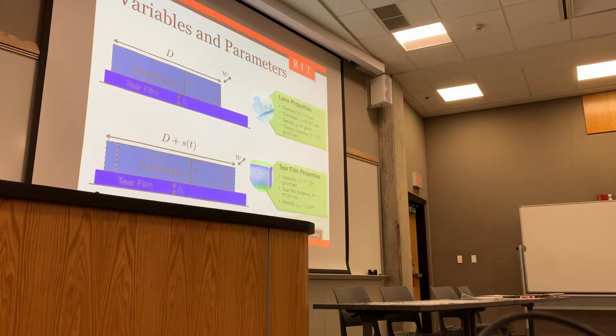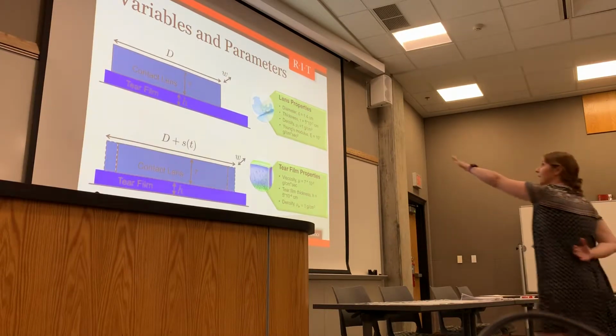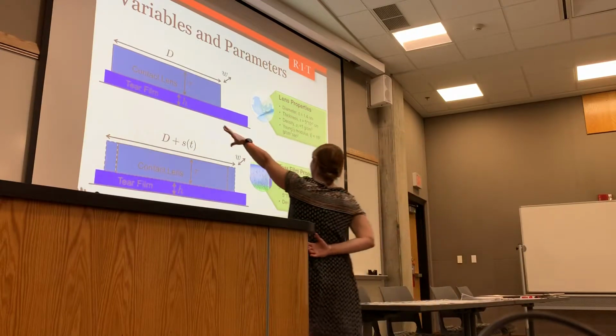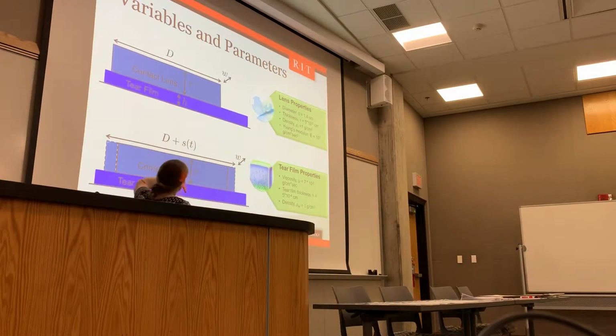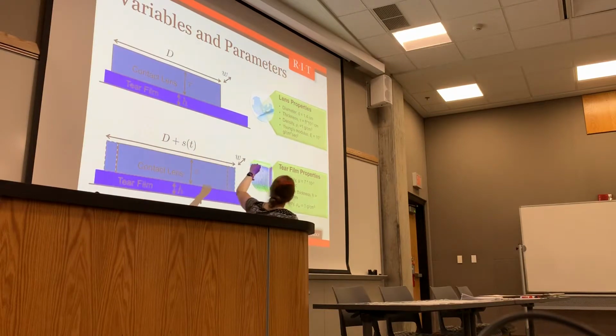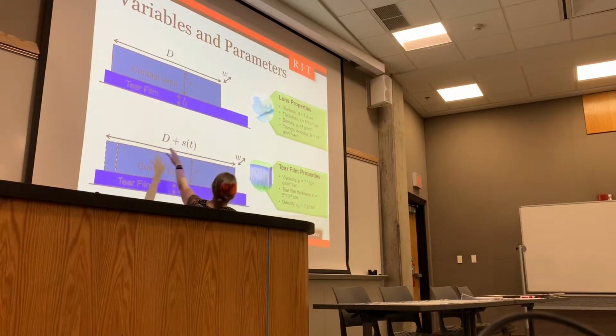Because I want to be able to change them, and I want to understand, well, if I make my lens thicker, what happens? If I make it thinner, what happens? So I just introduce what we call a parameter, and I name it. I call it tau, and then later on, I'll put a number in for it. And then I have the thickness of my tear film, H. The other parameters I'll introduce as we go along.